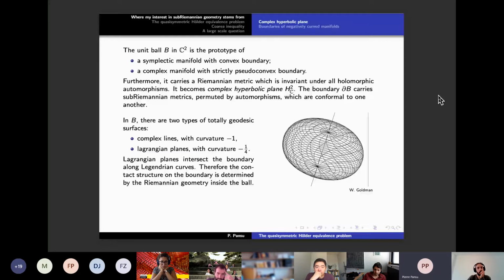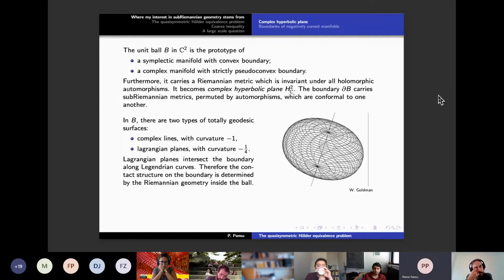So as a Riemannian manifold, this four-dimensional space does not have constant curvature like a real hyperbolic plane, but the curvature varies between -1 and -1/4, and the extreme values correspond to these geometric elements, complex lines and Lagrangian planes.